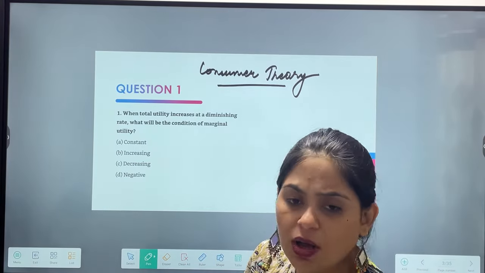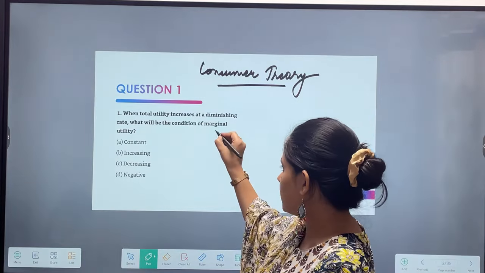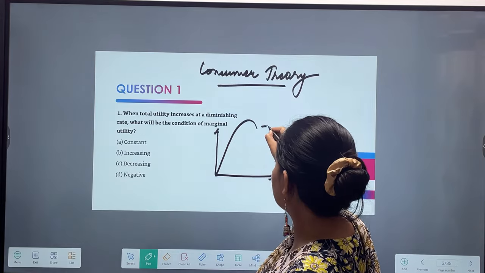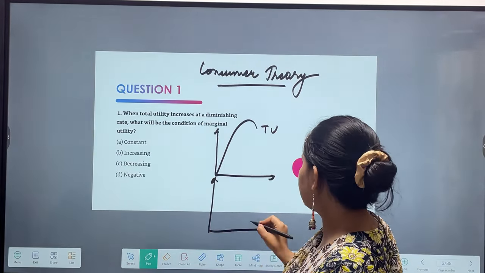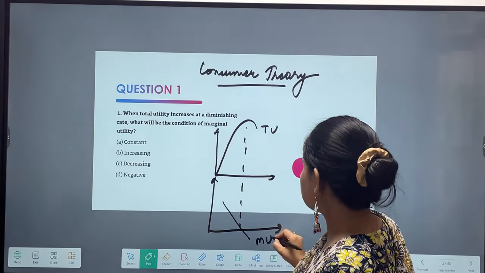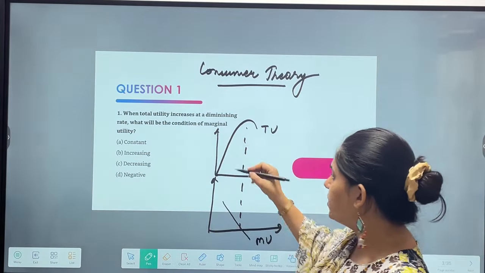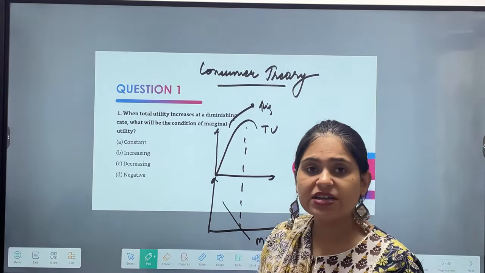Okay, so let's see. So this is how I can make my total utility diagram, and this is how I can make my marginal utility diagram, right? Here total utility is increasing, but it is increasing at a decreasing rate, right?